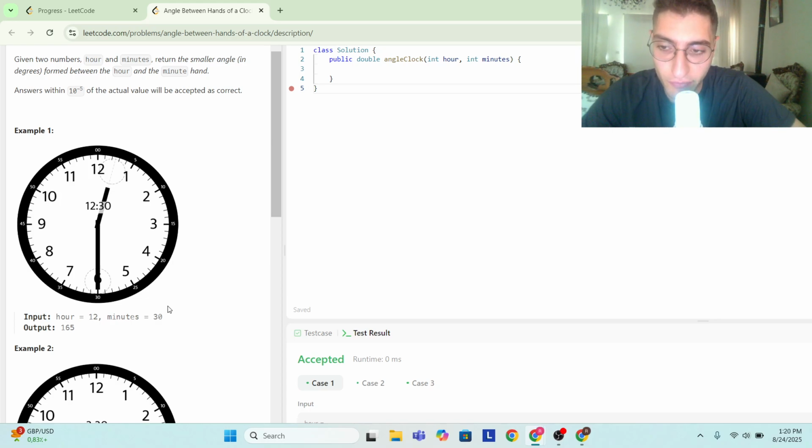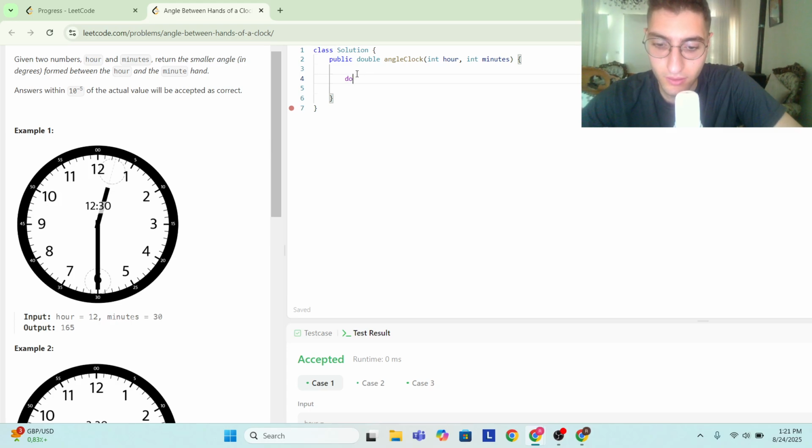We need to subtract the two and obtain their absolute value, because we don't care about negatives or positives. And let's reach there before we do the final return statement. Also a quick note, they want us to return a double, not an integer. So let's go ahead.